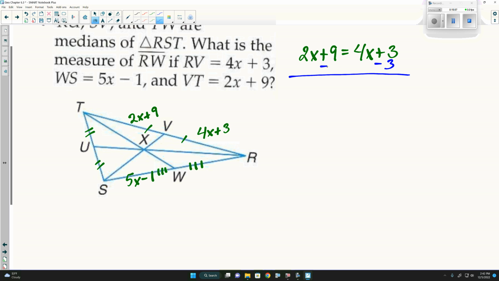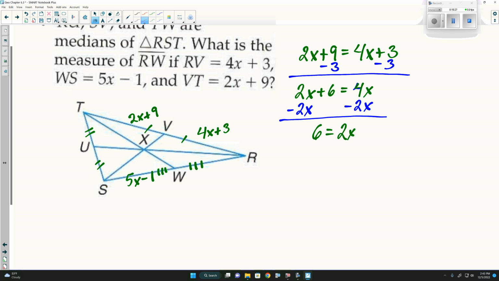So we minus 3 from both sides, which will tell us that 2x plus 6 is equal to 4x. Then we can minus 2x, which will tell us that 6 is equal to 2x. So we divide by 2, telling us x is equal to 3.